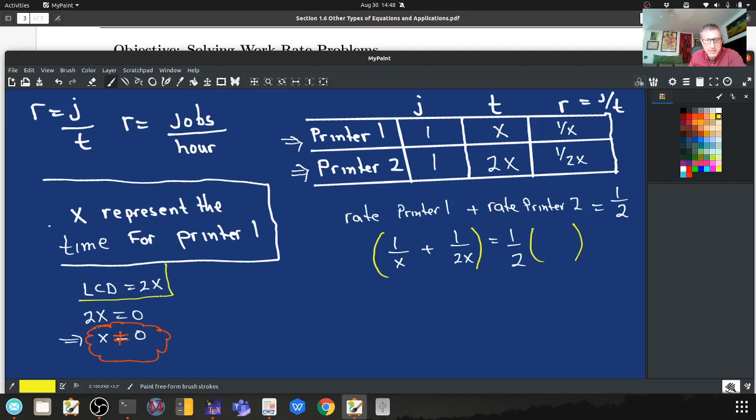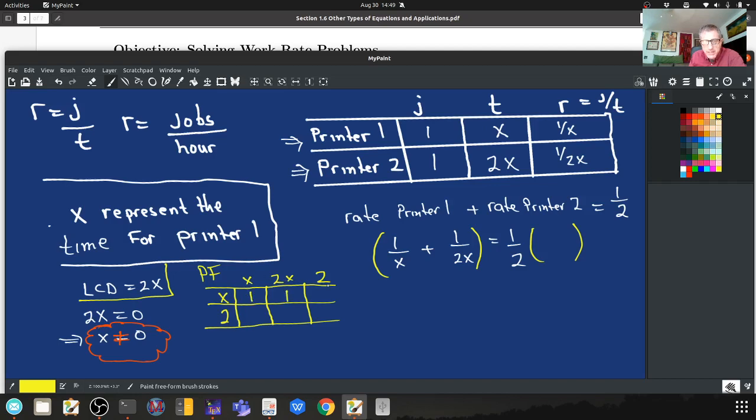How do we know the LCD is 2x? Well, x is prime. 2 is prime. So we have x and 2. Those are the prime factors, PF stands for prime factors, that occur in my denominators. I have one denominator, which is x. The other is 2x. And the last one is 2. How many times does x appear in the first denominator? Once. How many times does it appear in 2x?